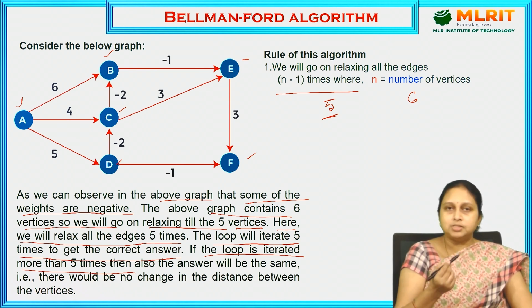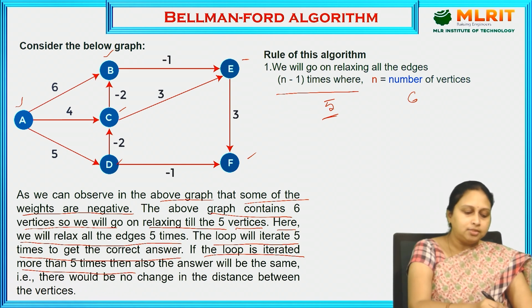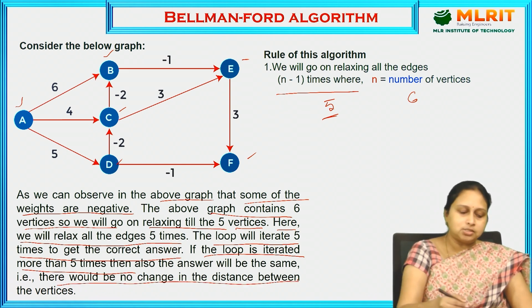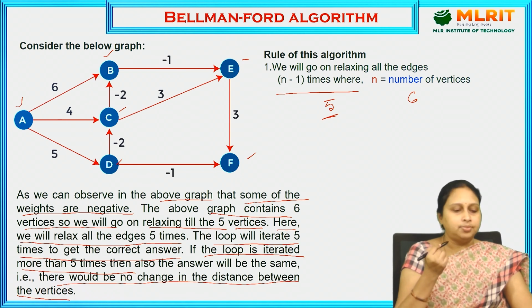If after the second iteration we have the same values, and it iterates another 3 times, we will still have the same answer. There would be no change in the distance between the vertices. You will have the same values for all the vertices. That is the meaning of this.